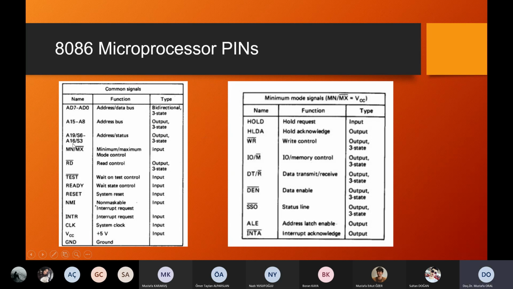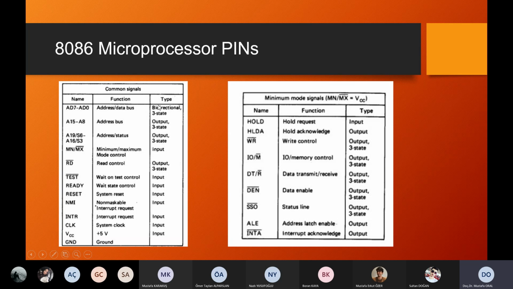And from A16 till A19, address bus, the remaining part of the address bus, plus the status signals. So this line is not presented here, and AD7 has to be AD15, okay? The function of A16 till A19 is the remaining part of the address bus, and also the status signals, and it is output and three-state.